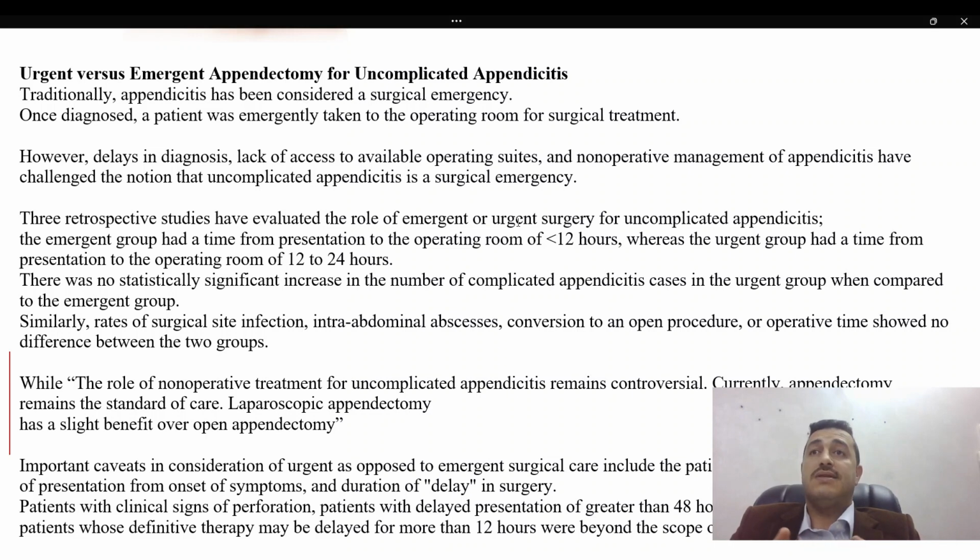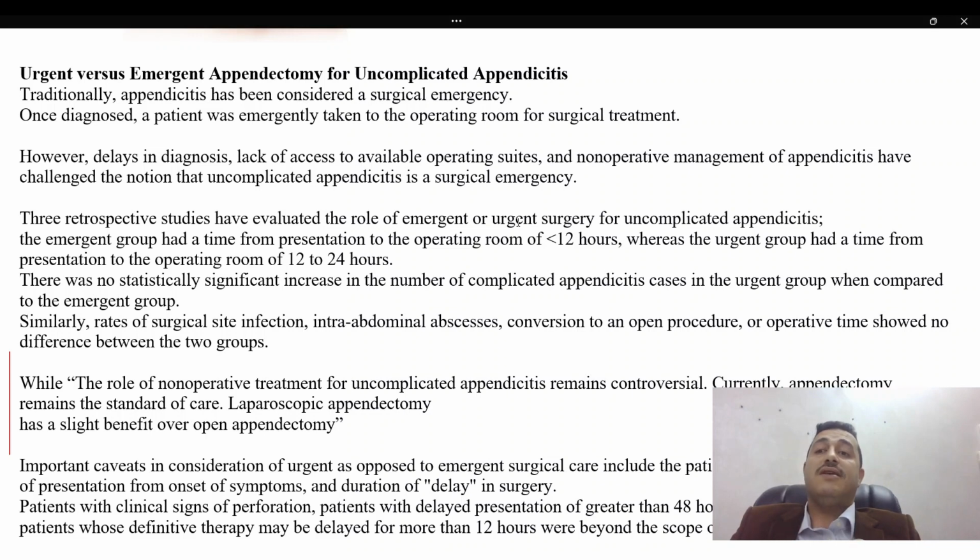Interval appendectomy means that we treat the patient conservatively, the symptoms subside, and after 2 weeks, 1 month, 2 months, we proceed to appendectomy. And actually, the literature is conflicting and controversial, conflicting results appear, and no classic teaching information could be delivered. But I will try to make it simple for you.